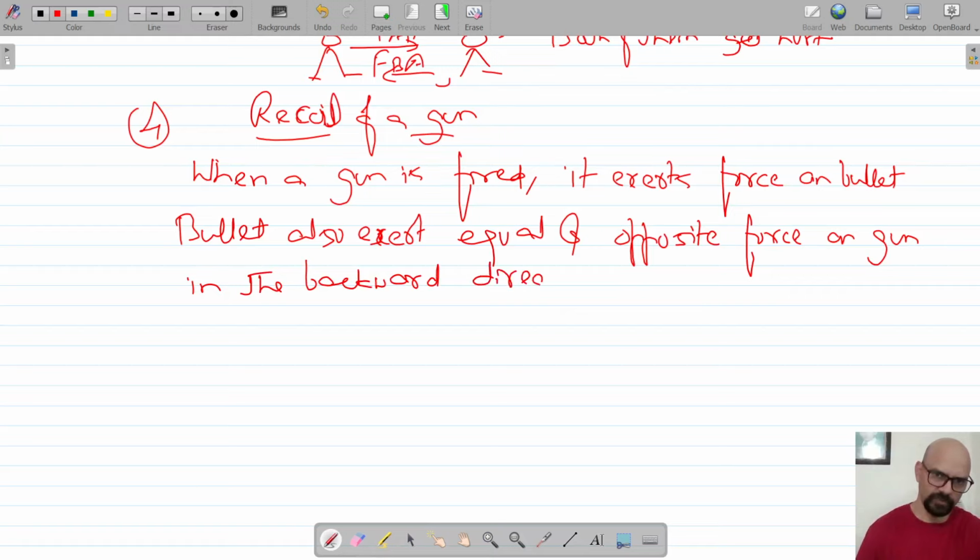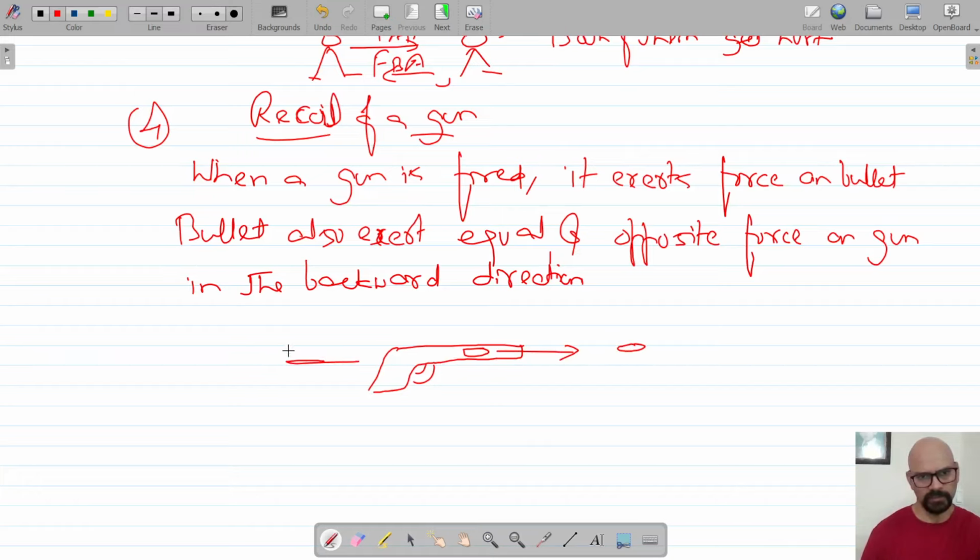That's why we keep the gun close or tied to our shoulders. So this is, let's say, the gun, and this is the trigger. There's a bullet inside, so it comes out with great velocity, and in turn, the gun is also pushed backwards.